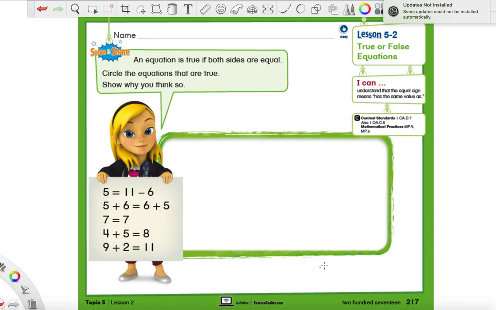Today we're on page 217. That's 217. And we're on lesson 5-2. So today's lesson might be a little awkward at first, but I promise you it's not super duper scary. I will show you guys all the tricks that I know, the tricks that I use, and hopefully this lesson won't be very difficult.